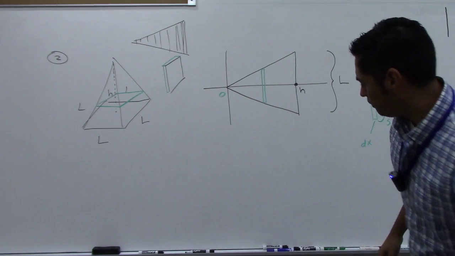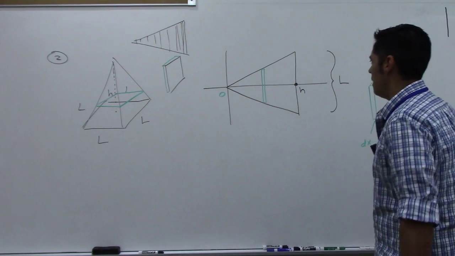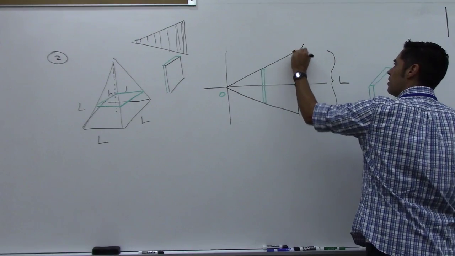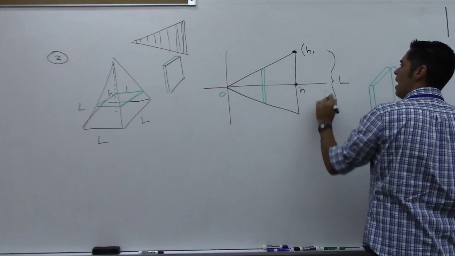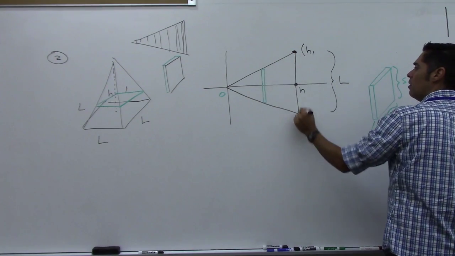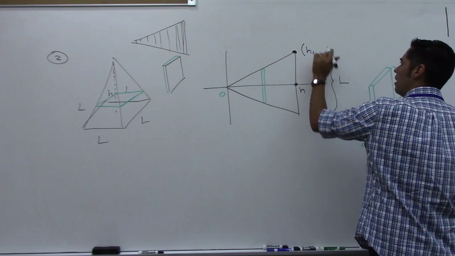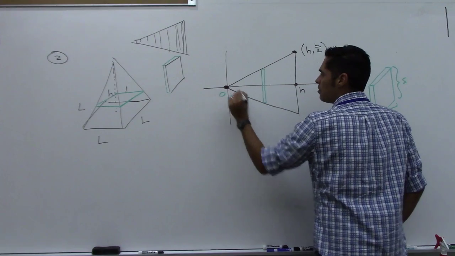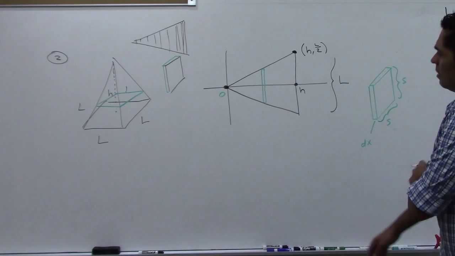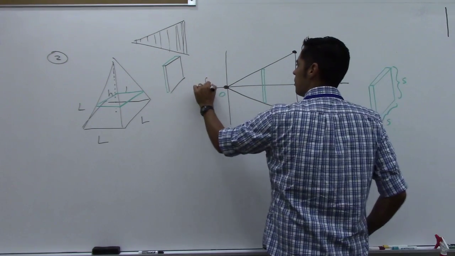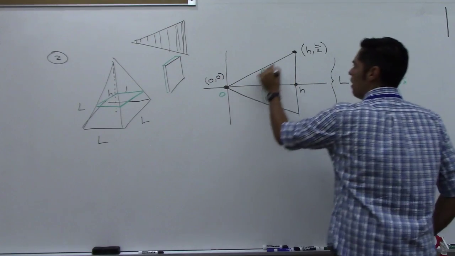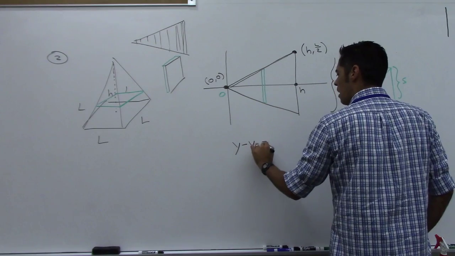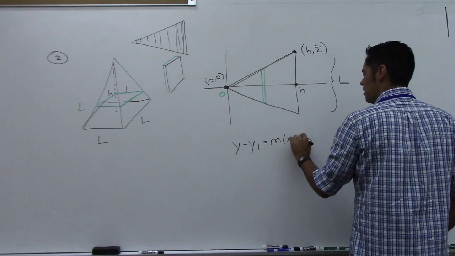To do that, I'm going to use what I know about this line right here. This point right here has the coordinates H, and then if the whole distance from here to here is L, then halfway will be L over 2. And I have another point, which is 0, 0. The equation of this line can be obtained using y minus y1 equals m times x minus x1.